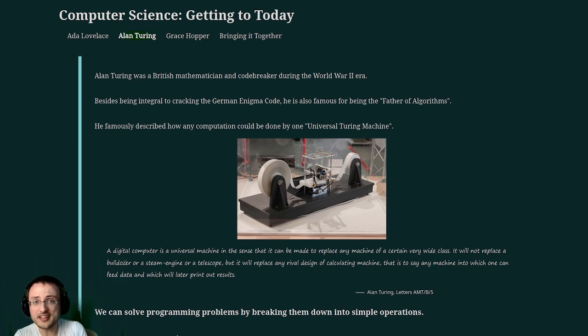And from this starting point, he described how any other problem you can think of can be reduced to just instructions that you would encode on that tape for this machine that could read the symbol and move to the left and the right.